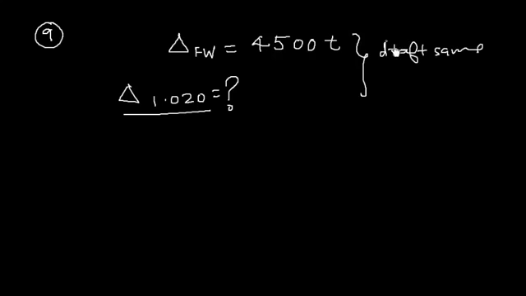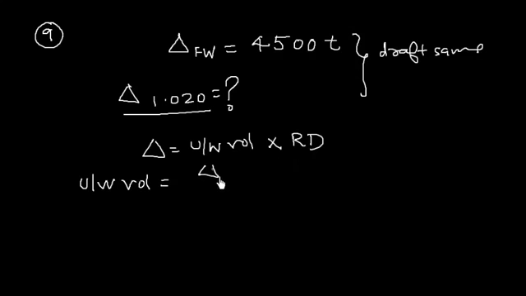Well, this is a very easy problem. We know that the displacement is underwater volume into relative density. So underwater volume is equal to displacement divided by relative density. Now the displacement in fresh water is given and the RD of fresh water is also given.